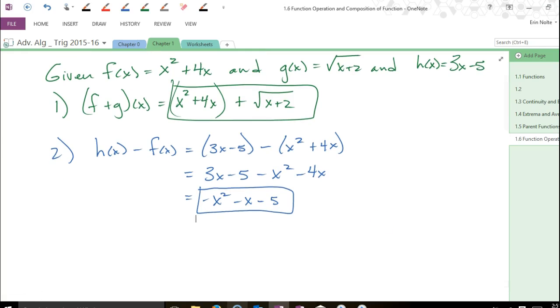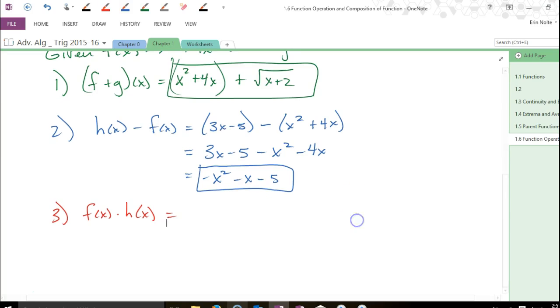Okay, let's do a multiplication one. Let's do f of x times h of x. Okay, so what is my f of x piece?